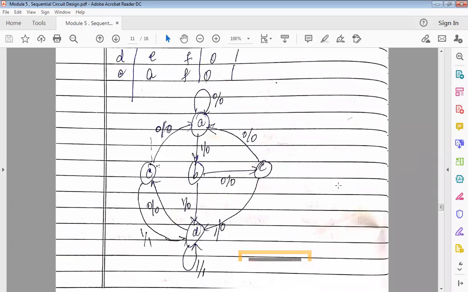All of you done with the diagram? Yes, Surya, you can tell me if you have a doubt.